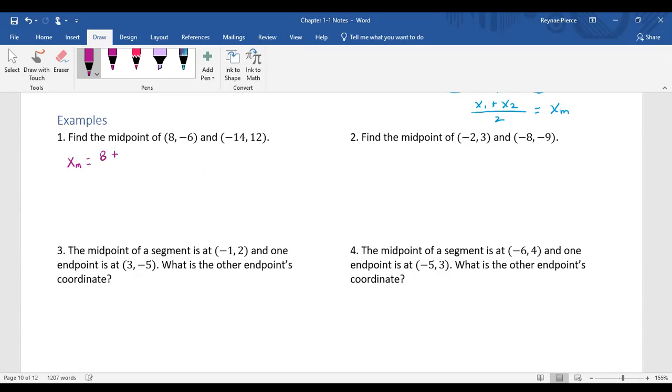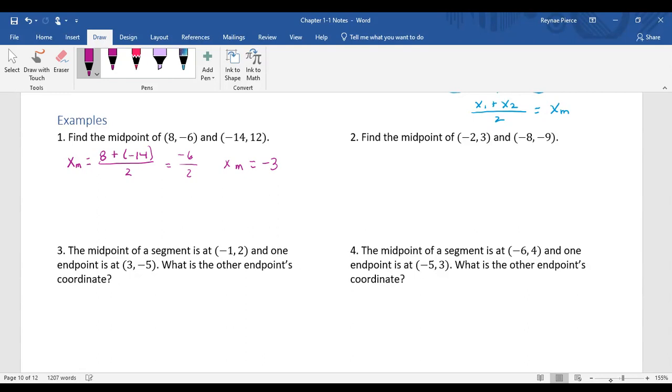So one of our coordinates is 8, the other is a negative 14. Eight plus a negative 14 is a negative 6. So our x coordinate of our midpoint is a negative 3.